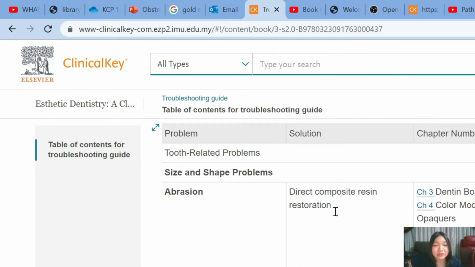According to the solution suggested, there are chapters listed in this book that we can refer to. So I find this troubleshooting guide can save us a lot of time. We can just scan through it and see which chapter we can refer to, instead of going through the chapter list to find out which chapter we have to read up on.